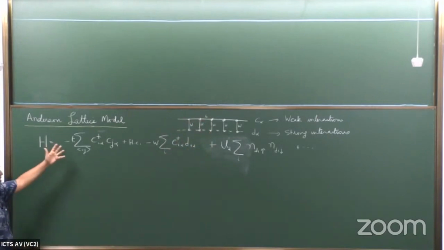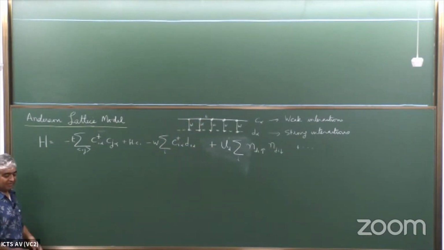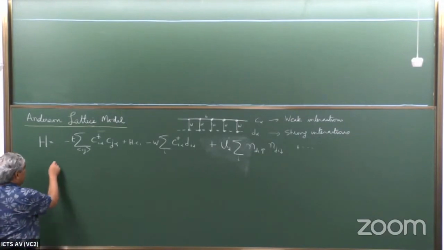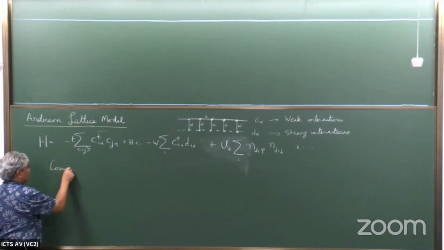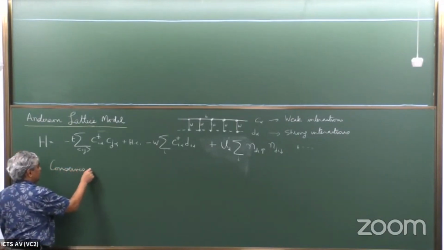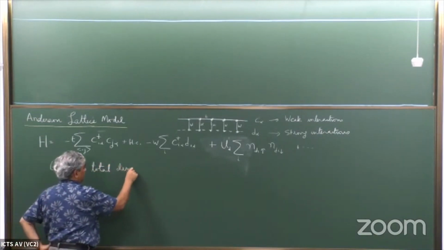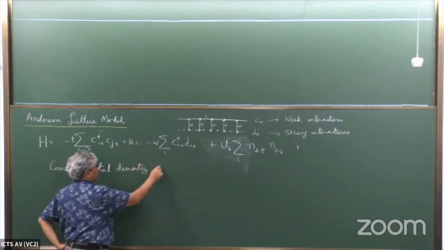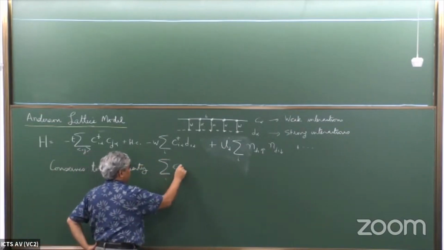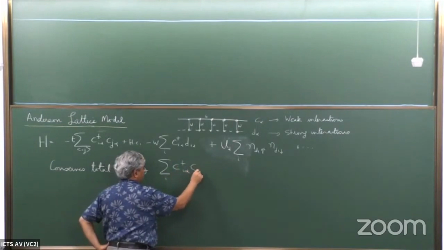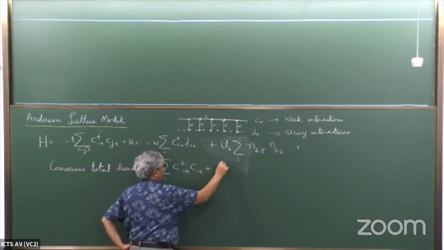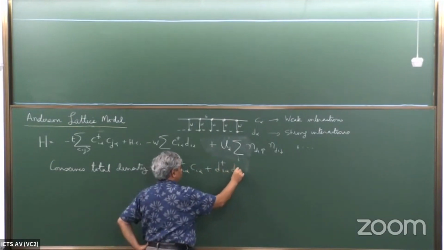So the key property for our discussion today is the issue of conserved quantities, conserved densities in particular. This Hamiltonian only conserves the total density of all electrons, which is the sum over i of c dagger i alpha c i alpha plus d dagger i alpha d i alpha.